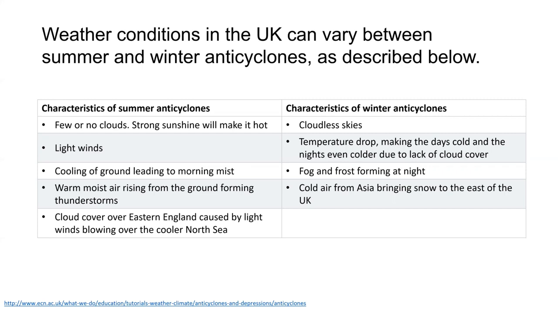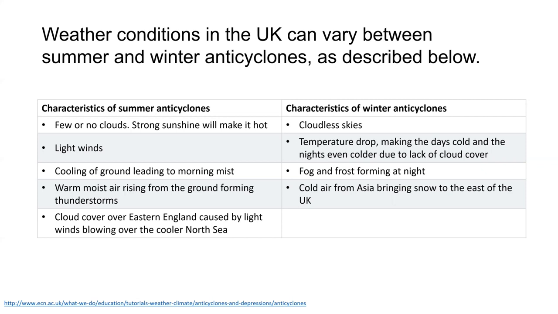Because anticyclones in the summer and the winter are a little different. Very often with a low pressure, they're actually the same, but warmer and colder, wetter and less wet. But anticyclones can be quite cloudless in winter, those beautiful, crisp winter cold days, with a big temperature drop at night time.